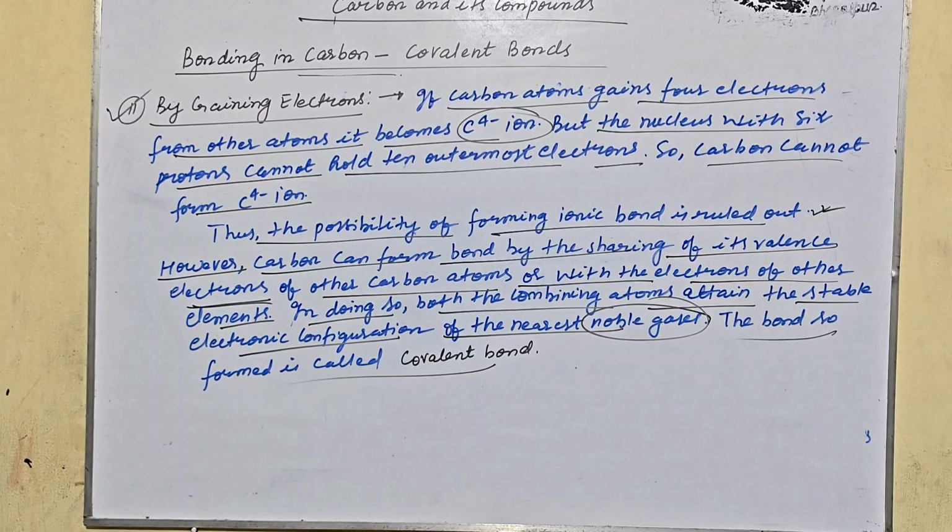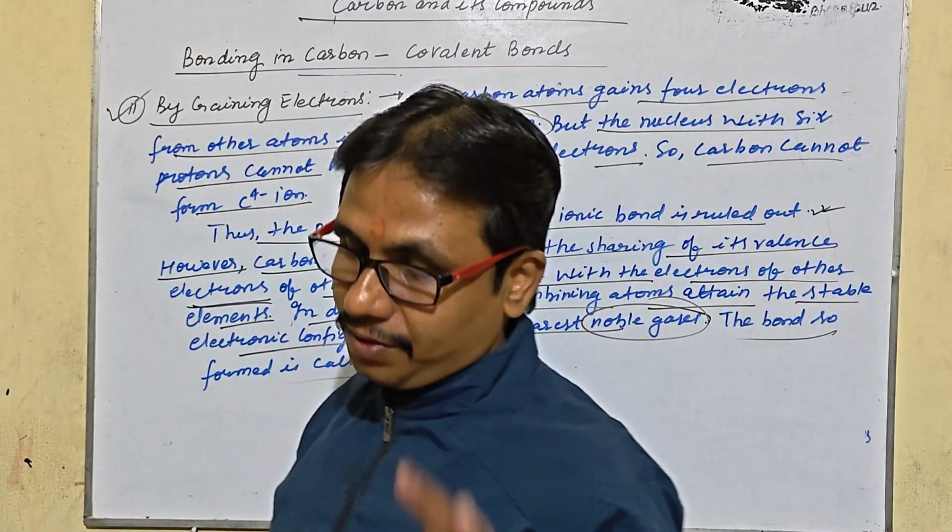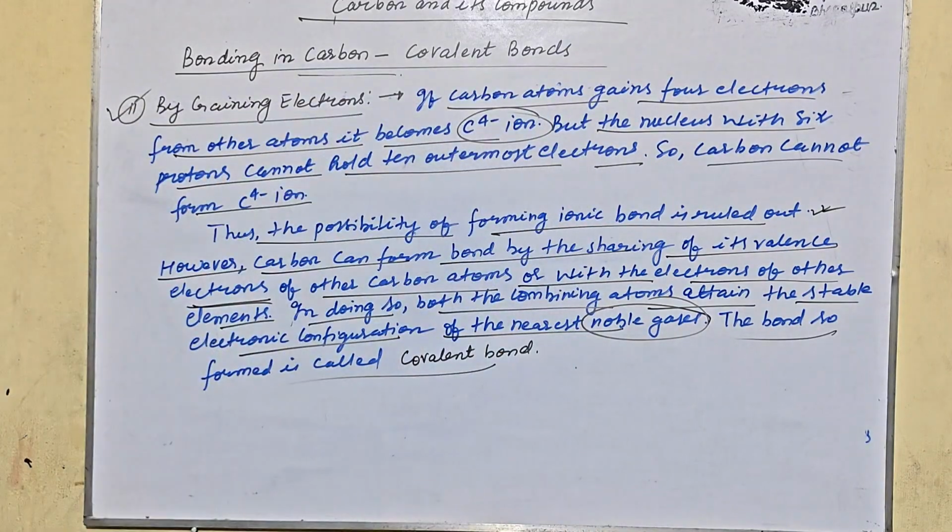How the bonding in carbon, the covalent bond, is shown by the electron dot structure, we will discuss in the further topics: the covalent bond according to the Lewis suggestion, formation of oxygen molecule O2, formation of nitrogen molecule, formation of covalent triple bond, and the tetravalency of carbon and formation of methane.